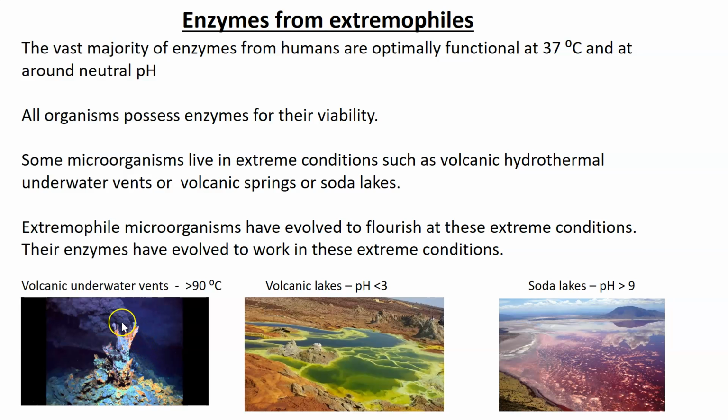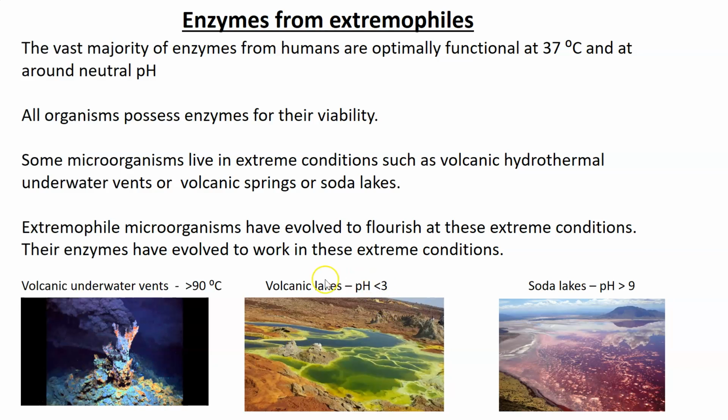Okay, so underwater volcanic vents, where the temperatures are really high, above 90 degrees Celsius, and you can see from the colors from these volcanic vents that life is flourishing. So we have microorganisms exposed to such high temperatures, thriving in these conditions.